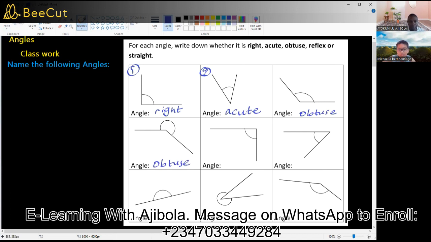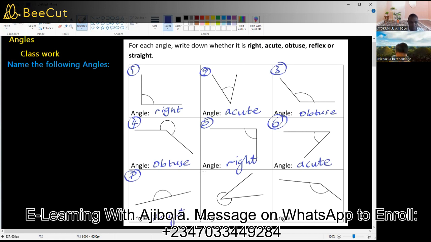Number five, what name should I write? That's a right angle. Number six, what name should I write? That's an acute angle. Number seven, what name should I write? That's a straight angle.